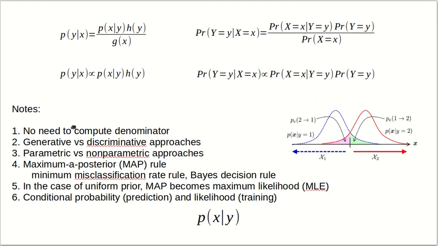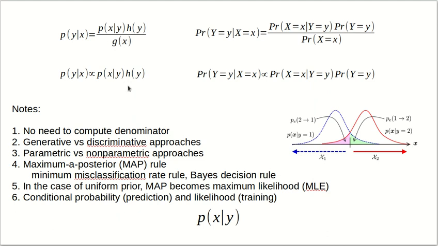Usually, the generative approach means that you try to come up with some estimate of the posterior distribution by using the Bayes theorem. So you have to construct this conditional probability and then the prior. I was saying that you don't have to compute the denominator later on. Once we start to look at some examples, you'll understand why.